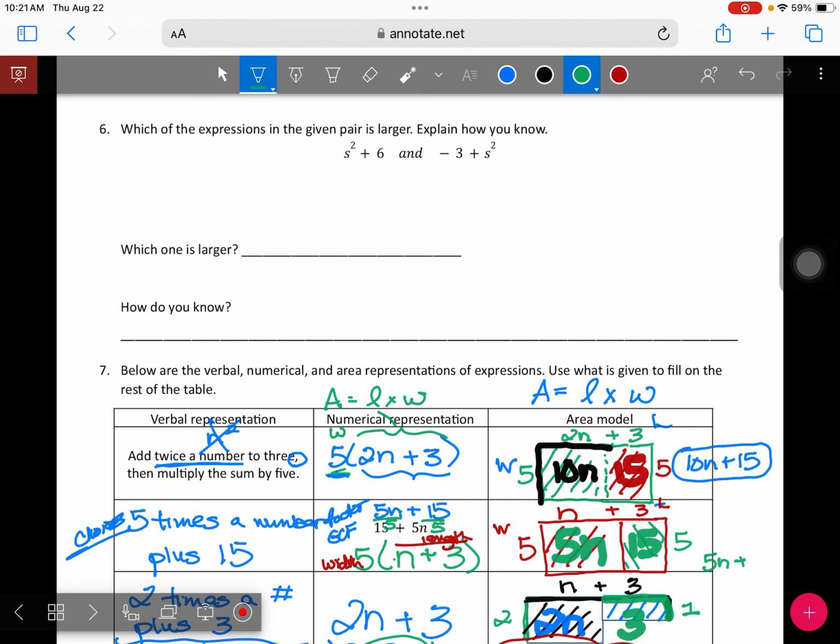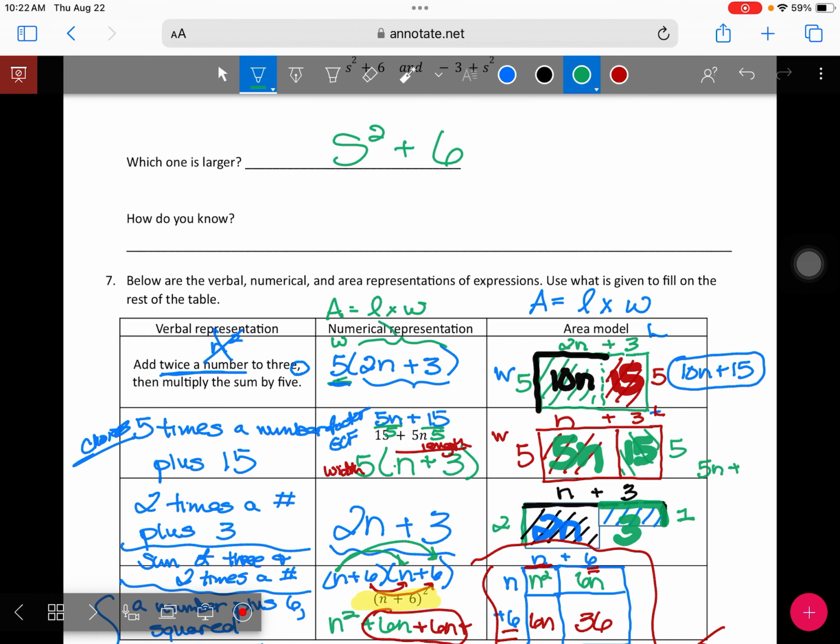On number 6, which one is larger? Brady, which one's larger? Yeah, why? How do you know?